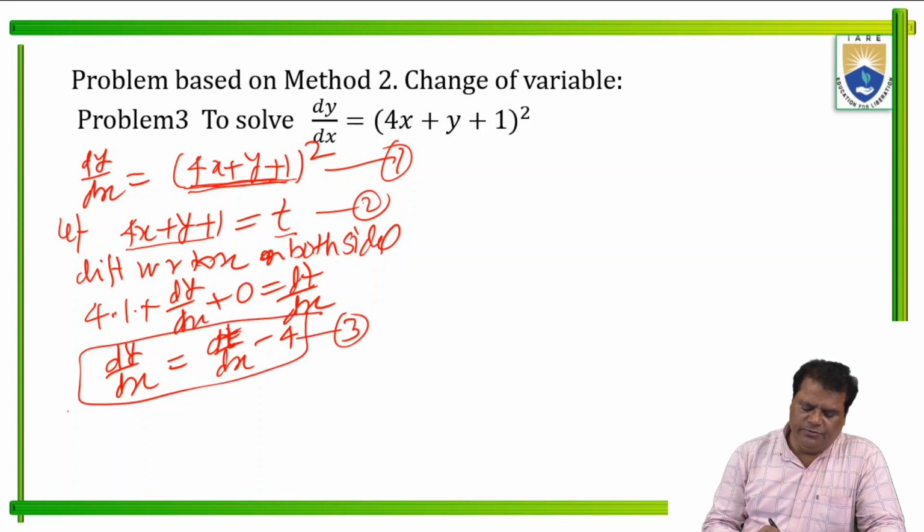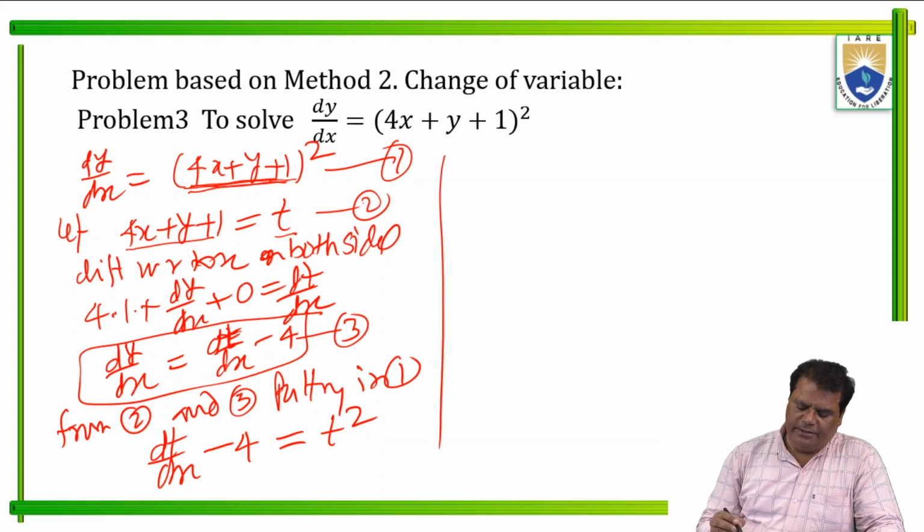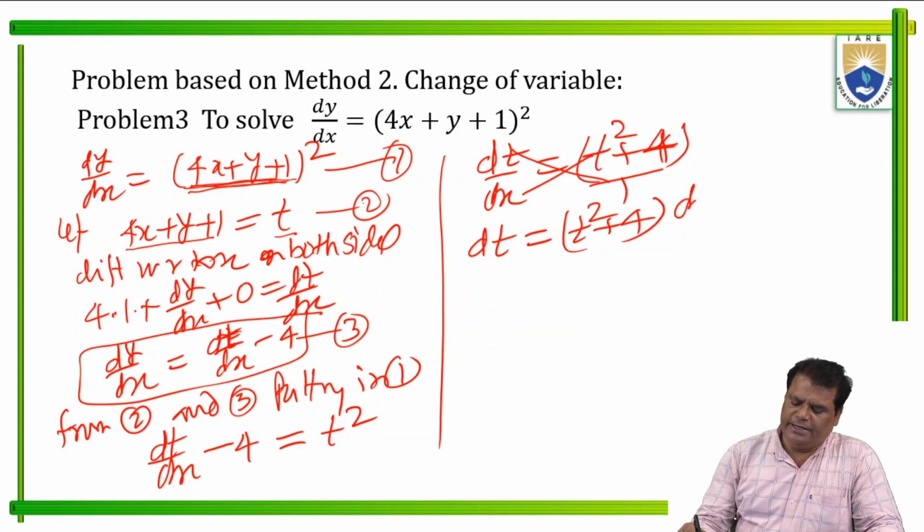Now from 2 and 3 putting in 1, dy dx means dt by dx minus 4 equals t square. So now dt over dx is equal to t square plus 4. Cross multiplying, dt is equal to t square plus 4 into dx.